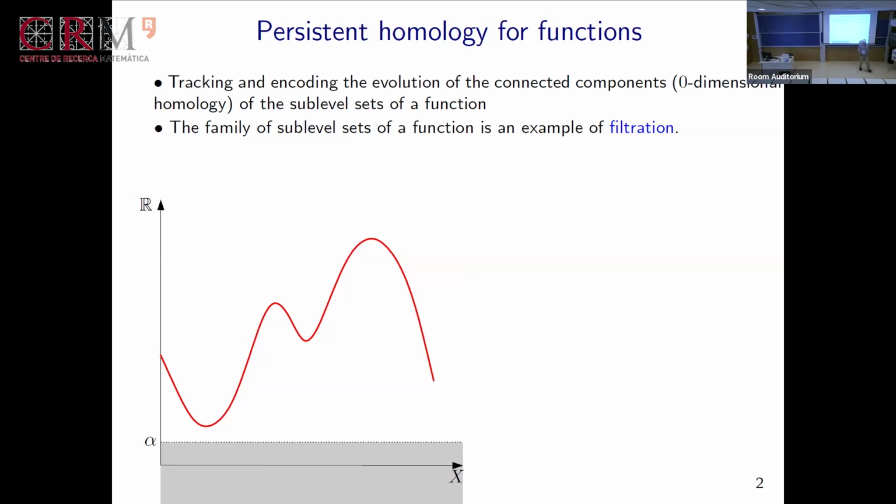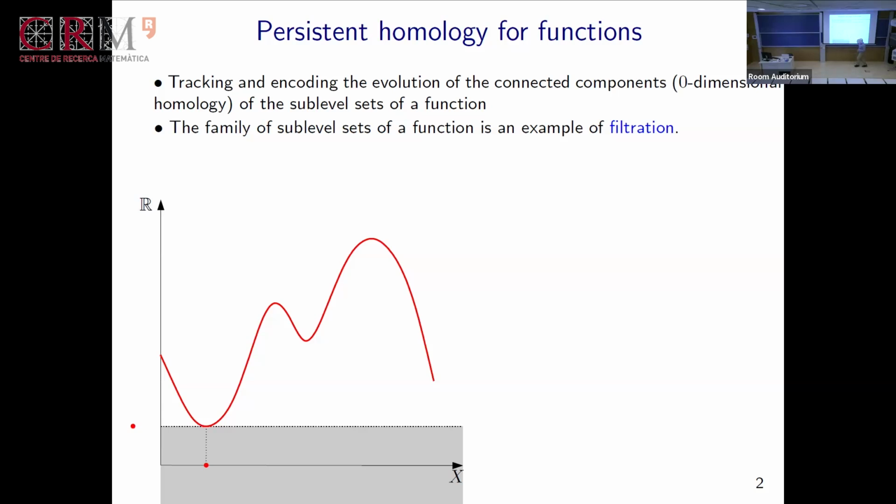Here it's very easy because the sublevel sets will be intervals, and the only topological information I have in the sublevel sets is the number of connected components, the number of intervals. So what I do when I do persistent homology is the following. I start from far below the minimum of the function, and I look at how the topology of the sublevel set evolves when I increase my level, which I call alpha.